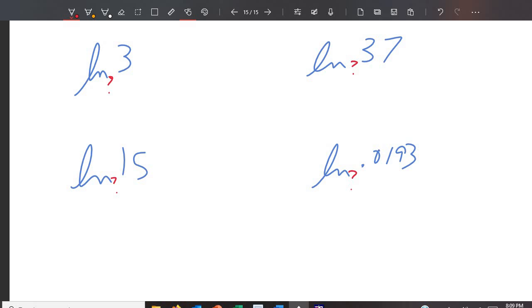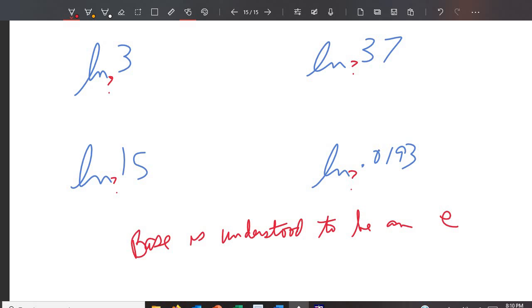On a natural log, the base is understood to be an e. So I could, if I wanted to, put an e here.